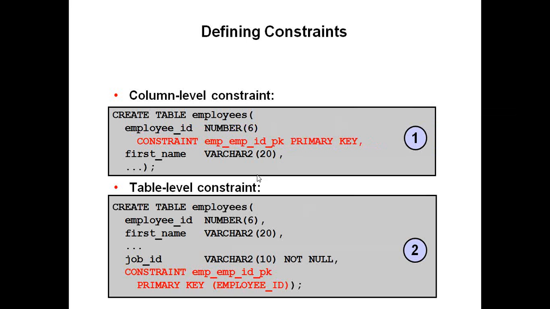This is one type of defining the constraint, and another one is table level. In table level, you write the create table syntax and define all the columns that you want in that table, like employee ID, first name, etc. You write down all the columns, their data types and sizes, and at the end of the table you declare the constraint, like what you can see in the second example on the slide.